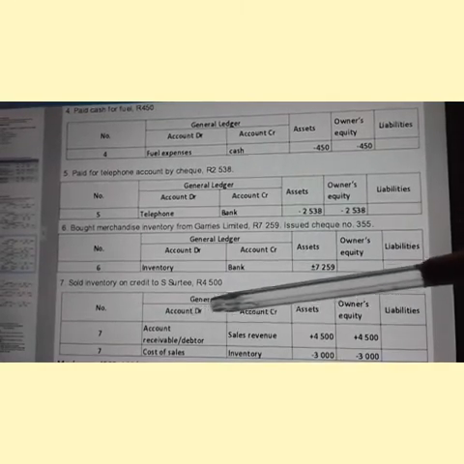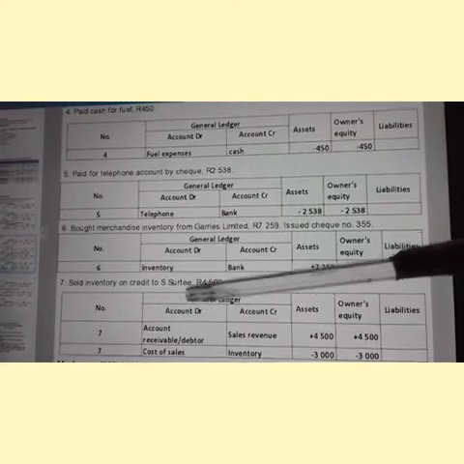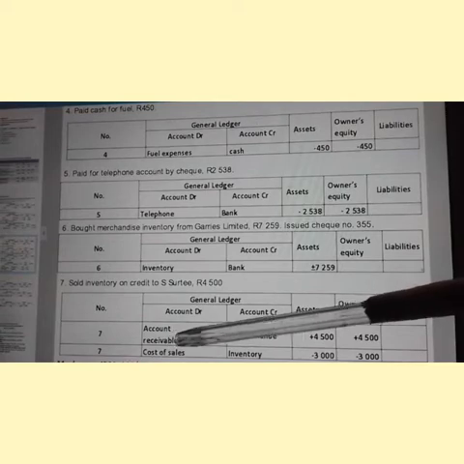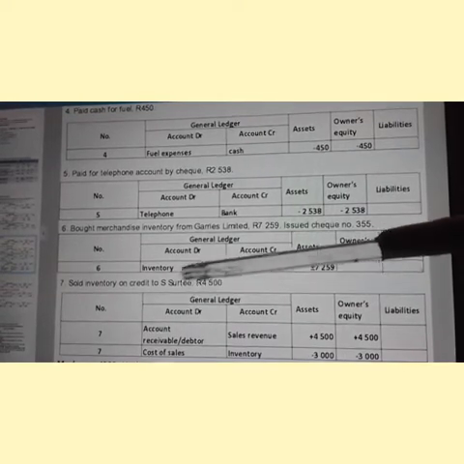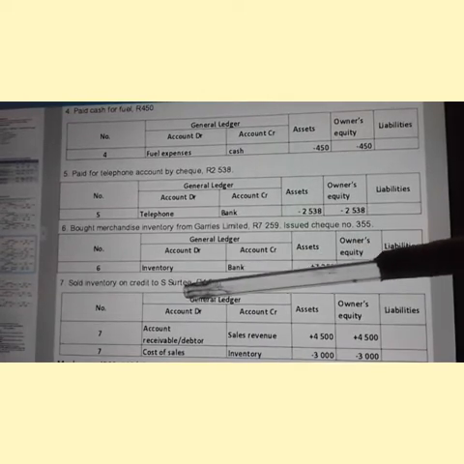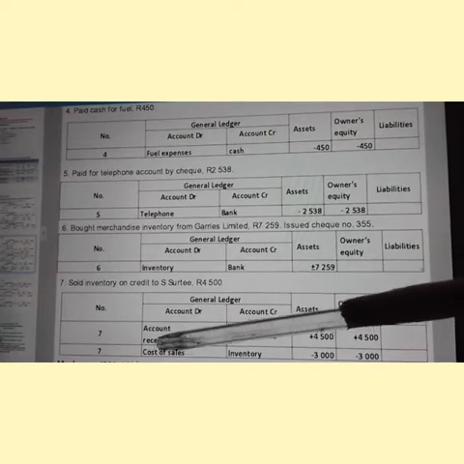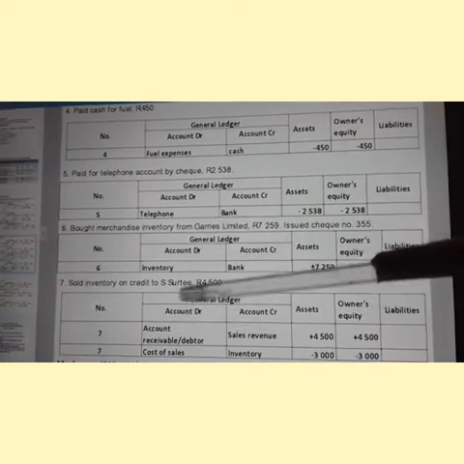First of all, we have to identify the two accounts in the first part of our transaction. We have S. Salty. S. Salty is our debtor, our customer that we sold goods to on credit. So we can say debtor, we can say accounts receivable, or you can just put S. Salties.